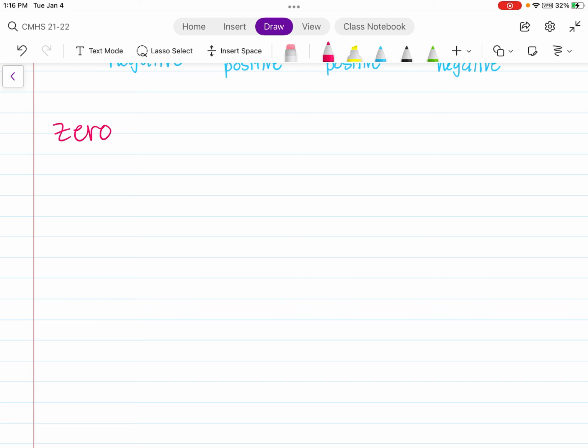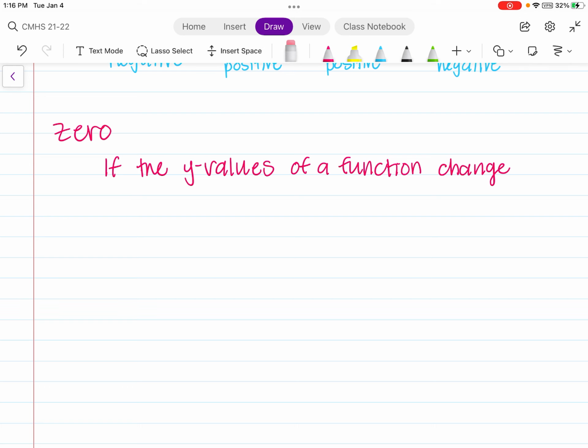So for this, we have the rule that says if the y values of a function change signs, then there is a zero between those values.